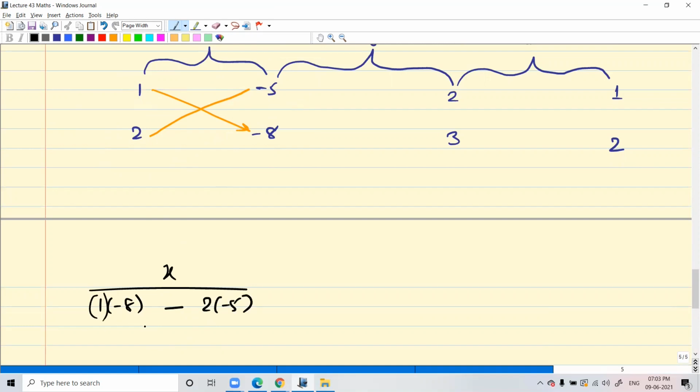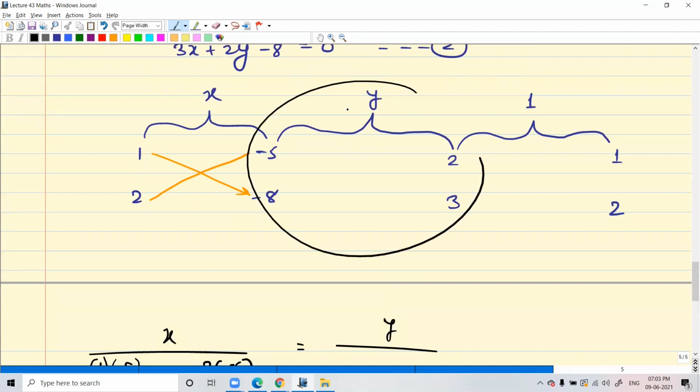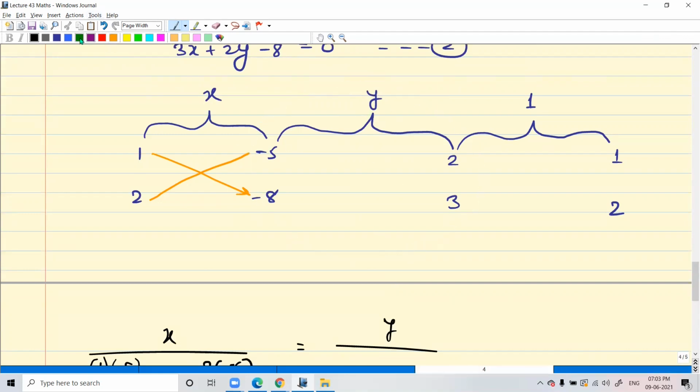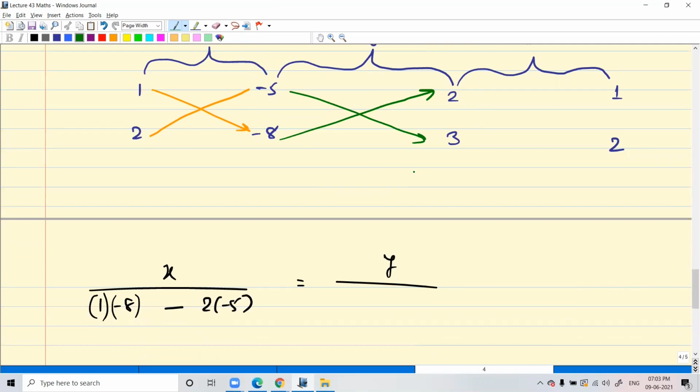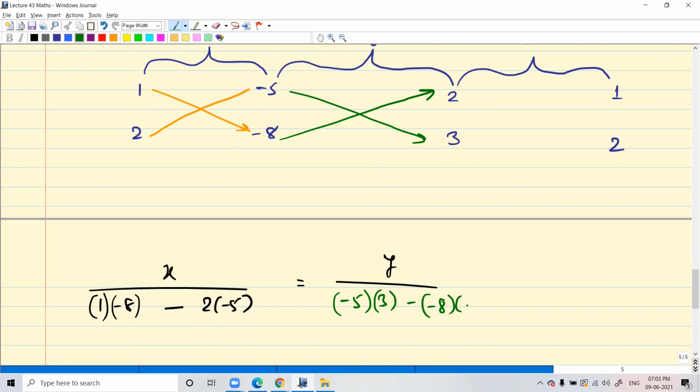Is everyone getting this? Yes, sir. Then I will do Y also. Below Y, we have these two pairs. So minus 5 will multiply with 3, minus 8 with 2. Minus 5 into 3, then minus 8 into 2.